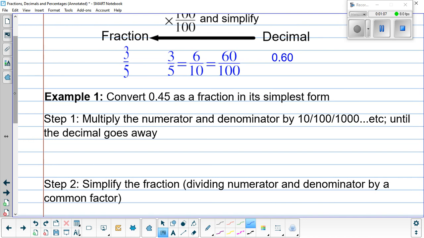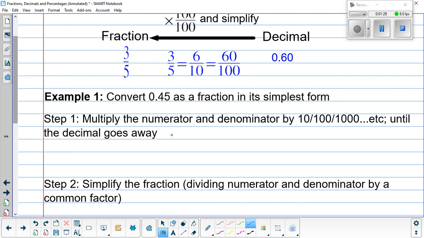So here we're multiplying the numerator and denominator by 10, 100, or 1,000. You're multiplying it by however much you have to. If you multiply by 10 and it gets rid of the decimal, that's great. You can stop there. If not, you have to multiply by another 10, which is, at the end of the day, multiplying by 100. And then if it still doesn't work, then you have to keep going.